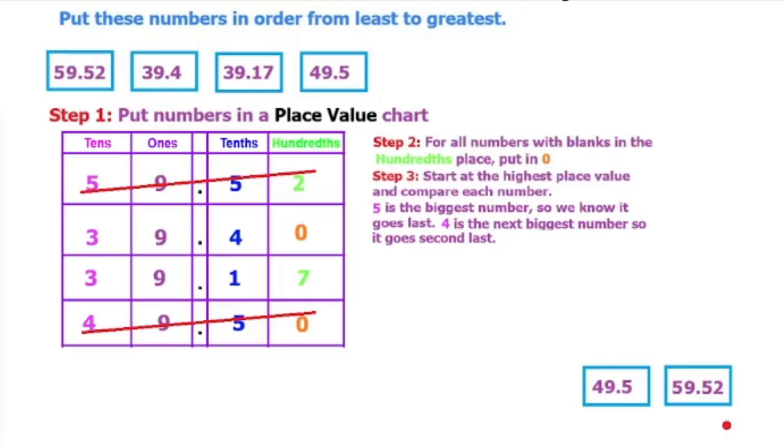This is the smallest out of these two numbers. So we know this one is going to go first because we're ordering from least to greatest, right? So that's it. We cross those out now. We know that 39.17 is the least, and then after that is 39.4. And that's how you get those in order.